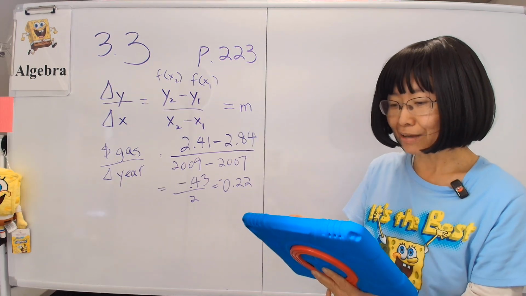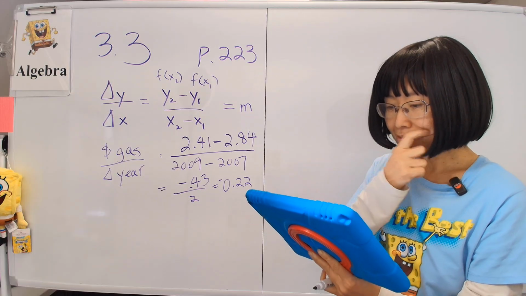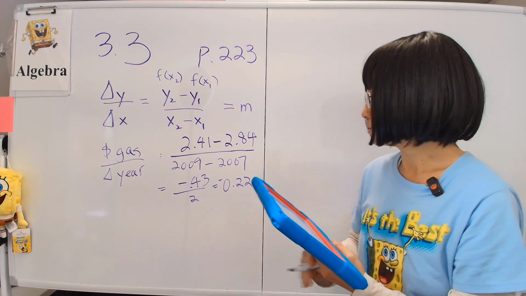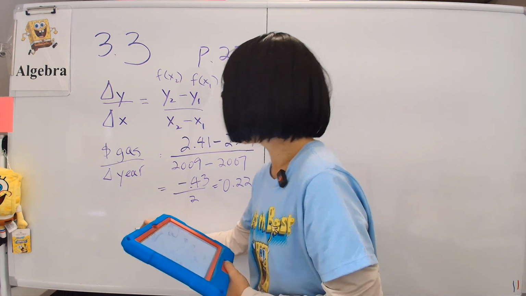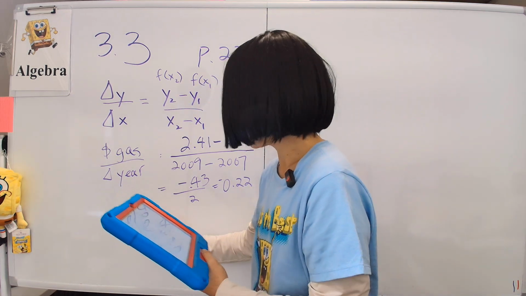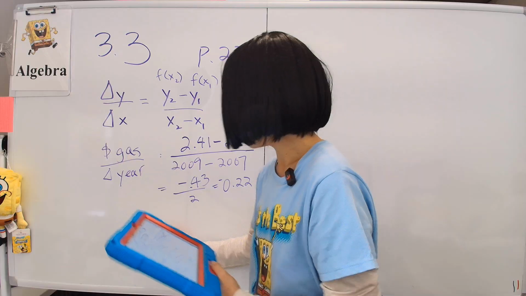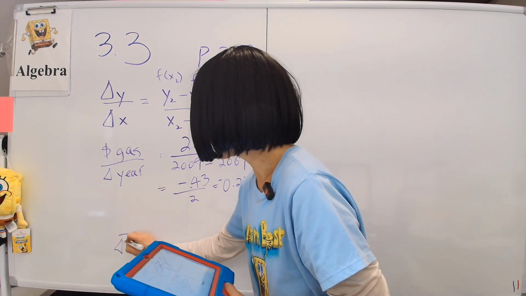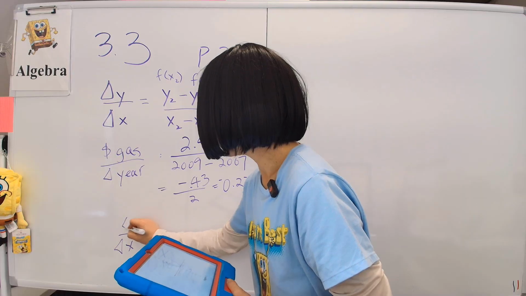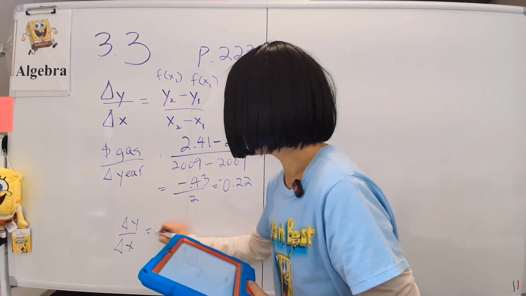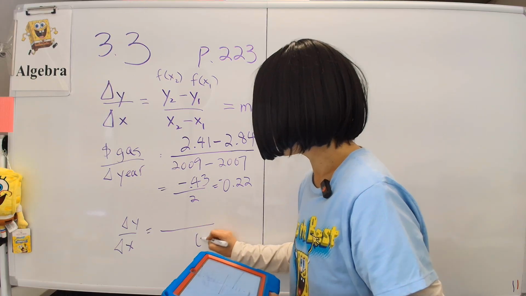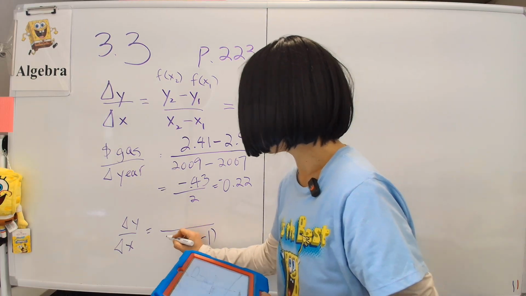Okay, let's look at what happens at minus 1. At minus 1, the value looks to me like 4. So the values change from minus 1 to 2. So then let's write this down. Delta y over delta x equals, the first x value, x1, is minus 1, and the second x value is 2.